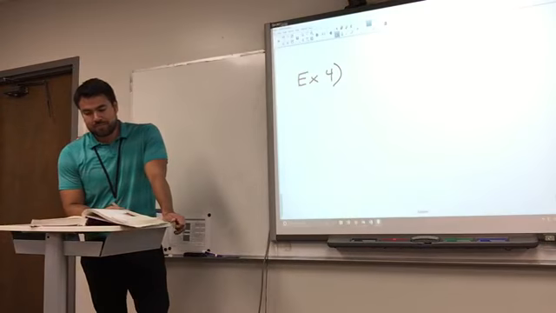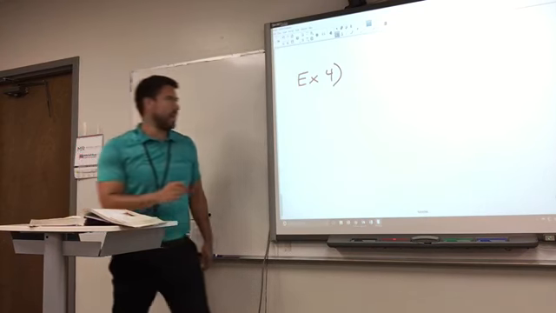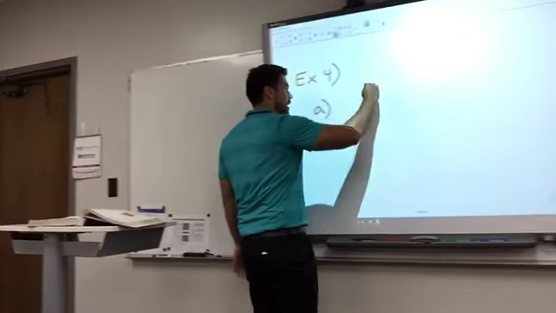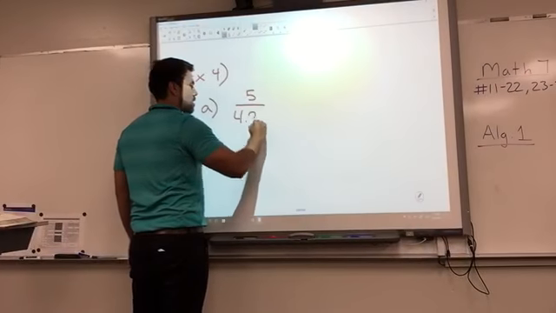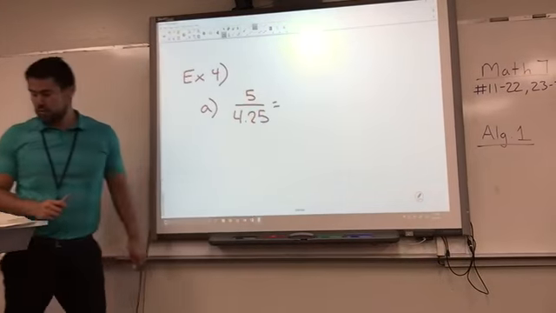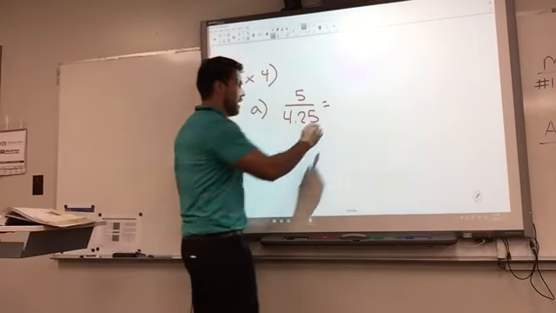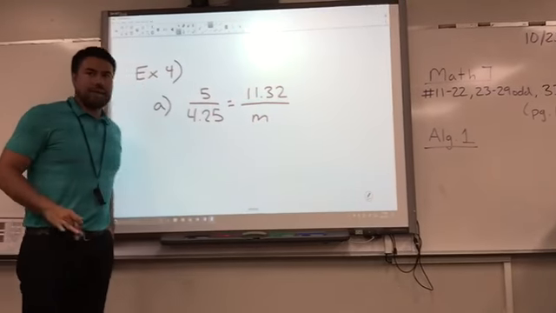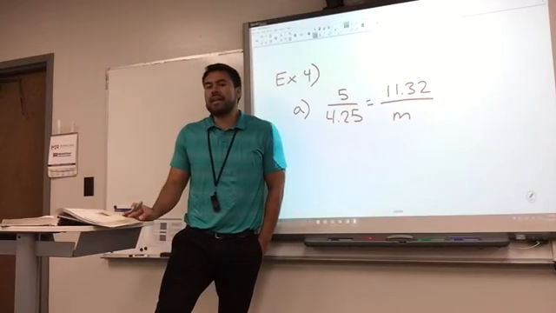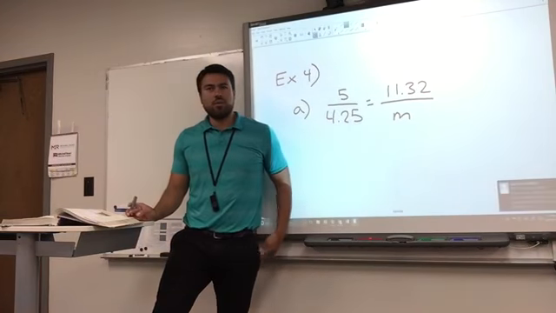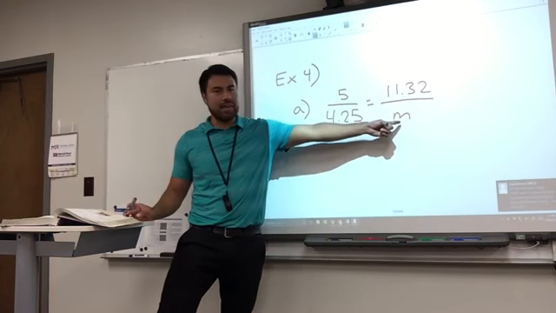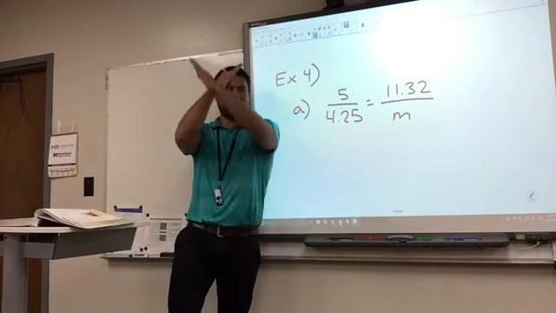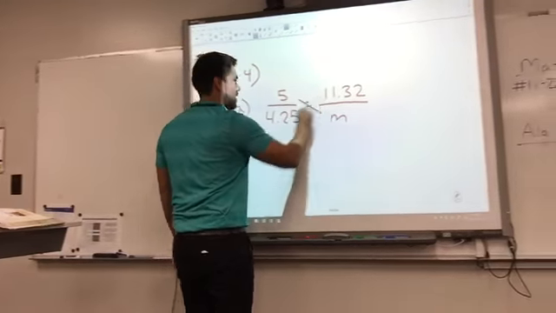Okay, so A. They give me 5 over 4.25 equals 11.32 over M. If it says solve, what are they asking you for in this problem? What does M equal? And I don't know what it equals, so how do you figure it out? Use cross products. Just like you did before.